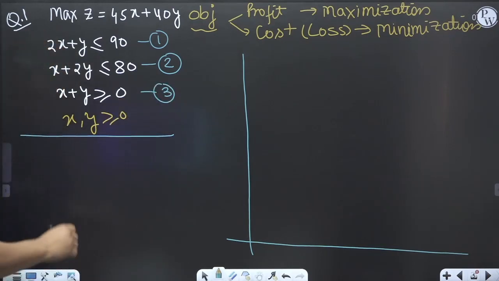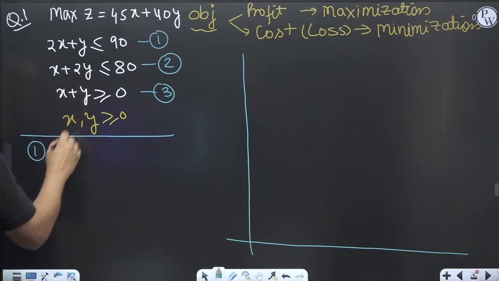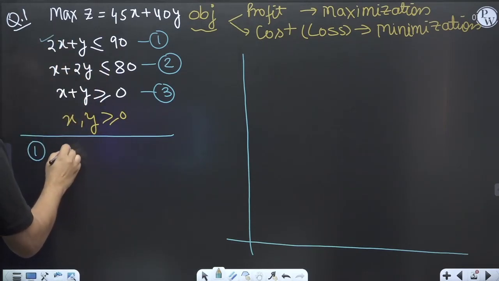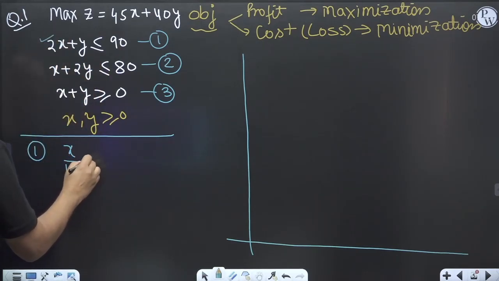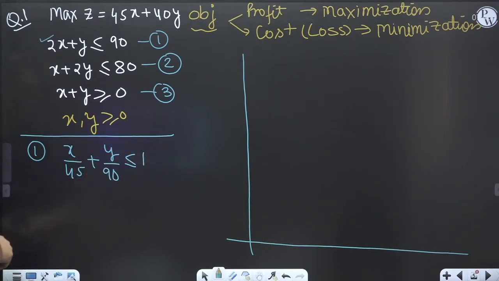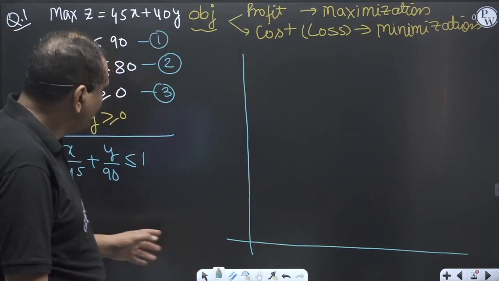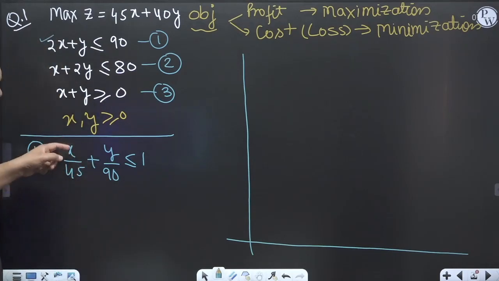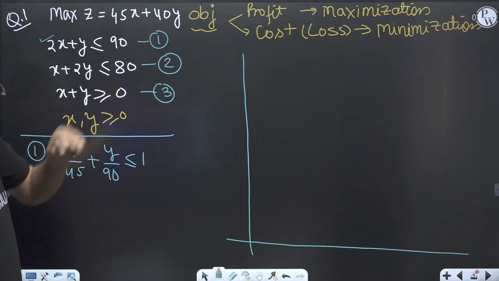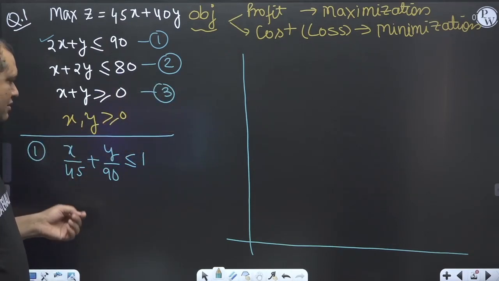So what we do, let us see the first constraint divided by 90. Can I write x divided by 45 plus y divided by 90 is less than or equal to 1? So see very, very carefully what I am going to do. Like x by a plus y by b equals 1. Suppose that is the equation I am going to plot on the graph.